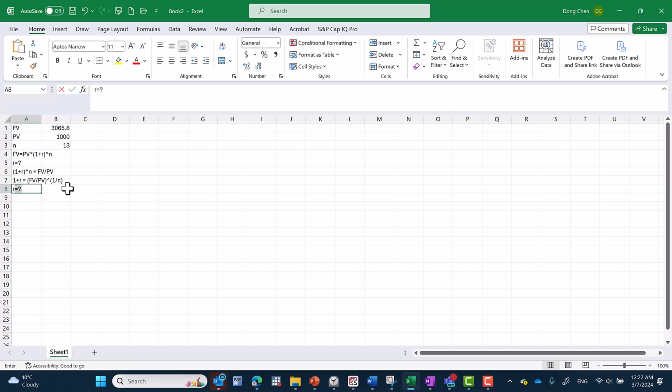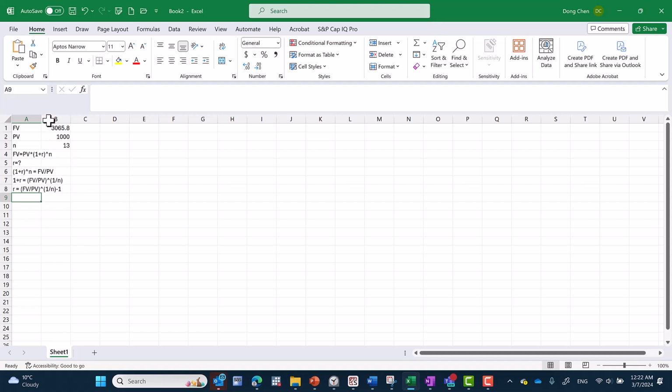So now R will equal this entire chunk, and subtract 1. Basically we move the 1 to the other side, and we can solve for R.